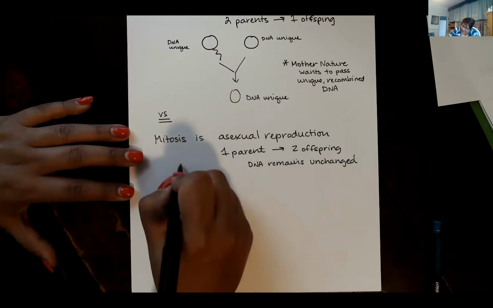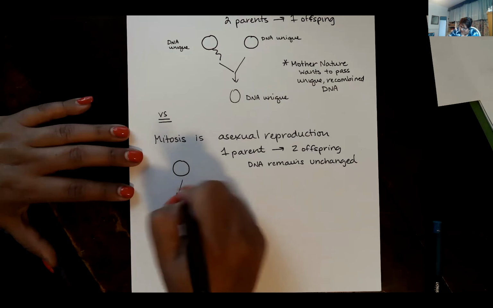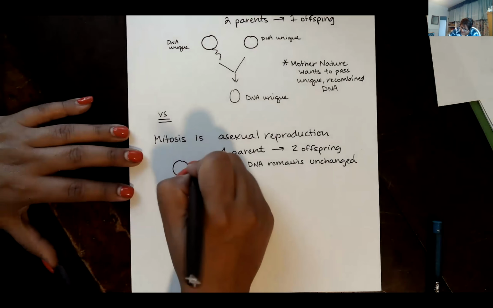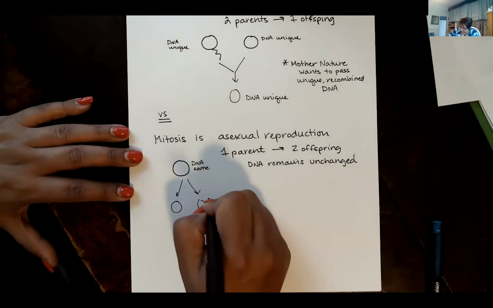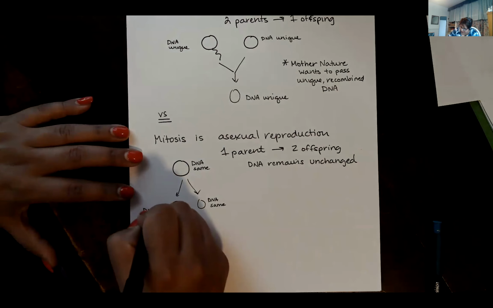So in mitosis, if I draw a diagram, you literally have one cell that divides itself into two daughter cells, and the DNA is the same for everybody. Nobody's DNA looks any different.